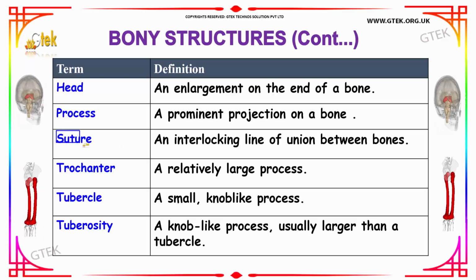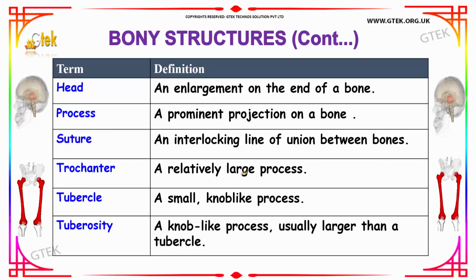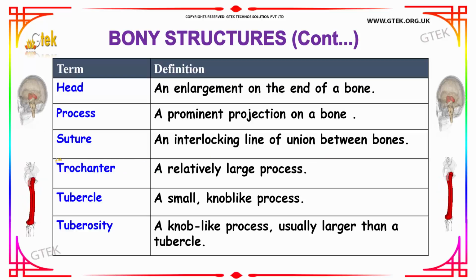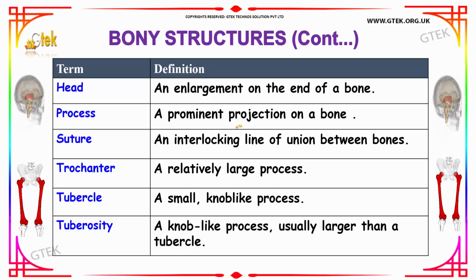Suture is nothing but an interlocking line of union between bones. Trochanter is a relatively large process, that is, a large prominent projection.